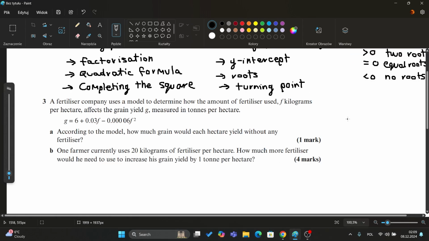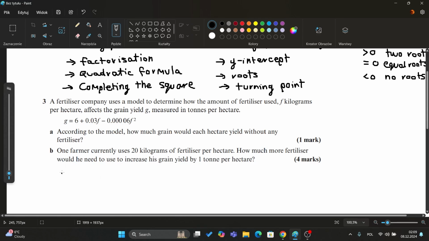Now we got a question with a fertilizer company that uses a model to determine how the amount of fertilizer used, F kilograms per hectare, affects the grain yield G, measured in tons per hectare. According to the model, how much grain would each hectare yield without fertilizer?